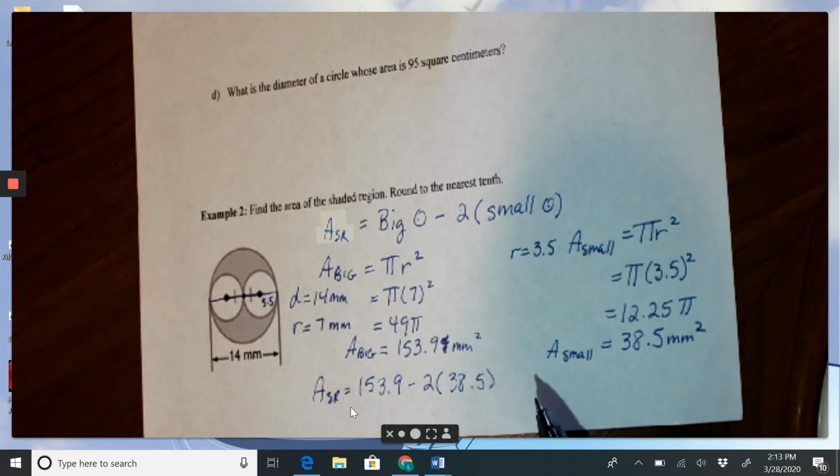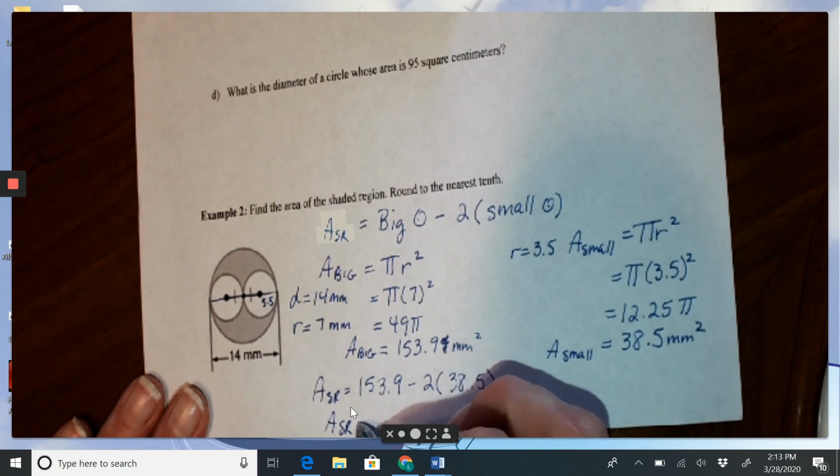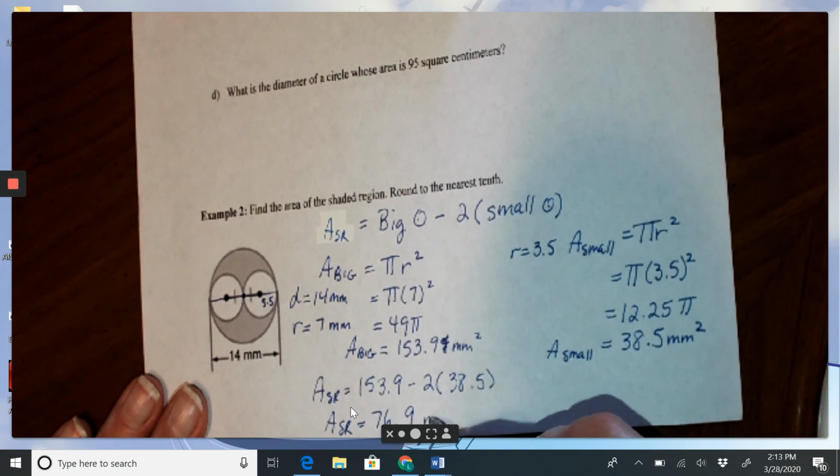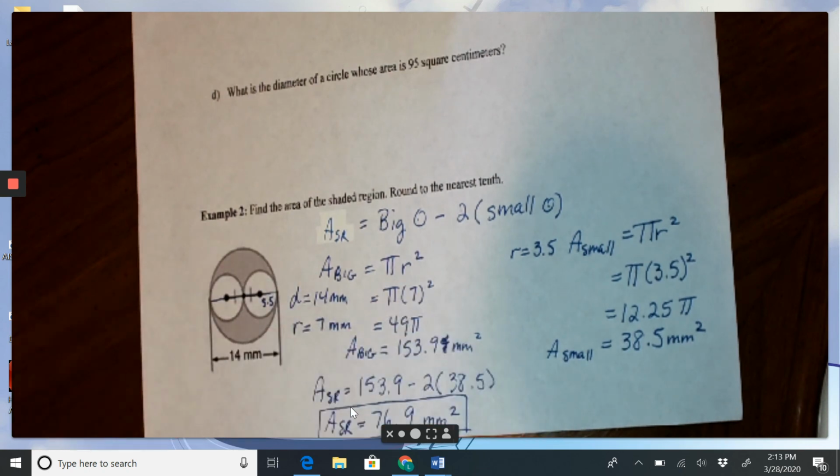When we plug this into our calculator, we find that the area of our shaded region is 76.9 millimeters squared. And so that is the shaded region of this big circle minus the 2 little circles.